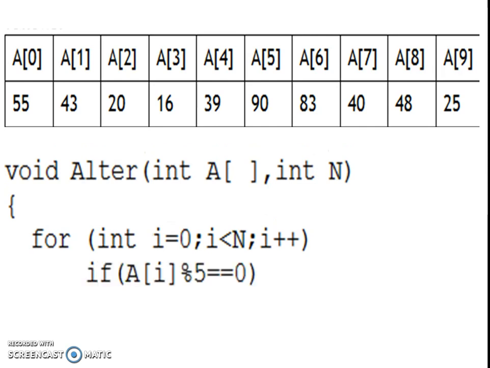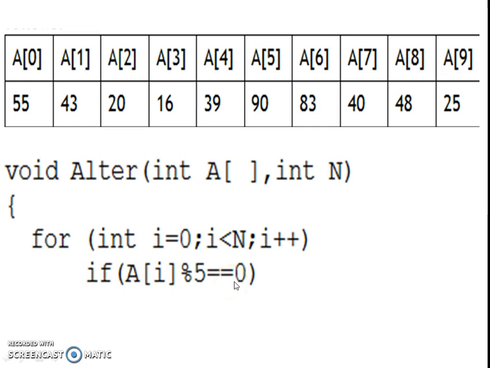Now inside this if, we are putting a condition that if your array element when divided by 5 gives remainder 0. This is the modulus operator, which is used to get the remainder when divided by any element. Now if this element when divided by 5 generates remainder 0, then what should happen?